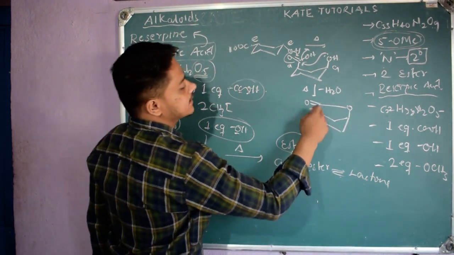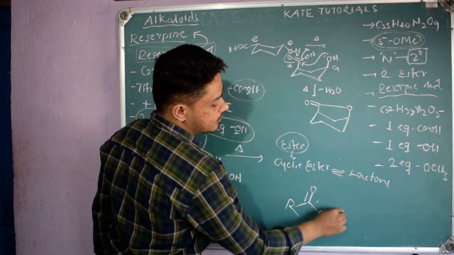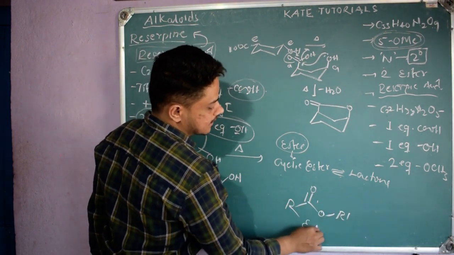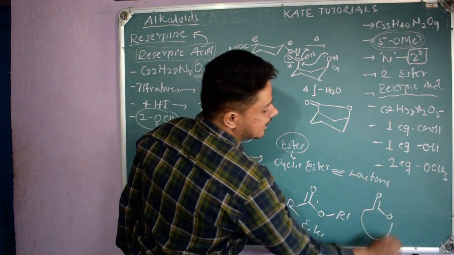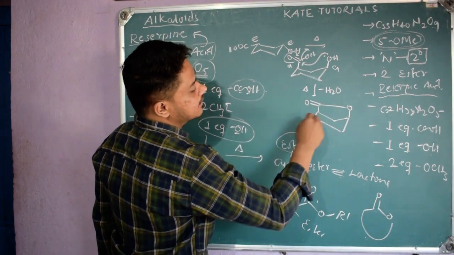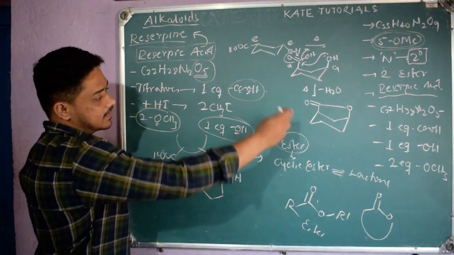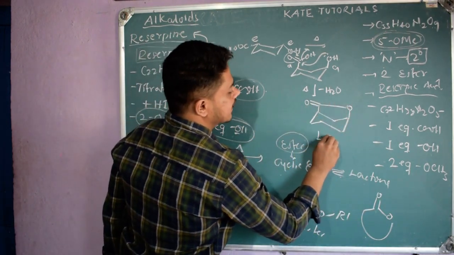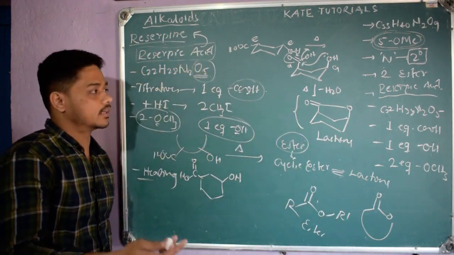So what is this ester? You know, COO, here it is R and here it will be R dash. So it is an ester. If the same ester is present on a ring like this, the COO is present on a ring, and this is forming a 5-membered ring, 1, 2, 3, 4, 5. This kind of ester we call a lactone, and they did lactone formation.